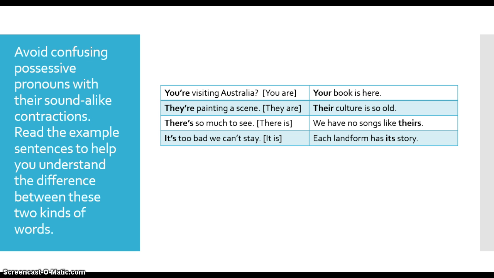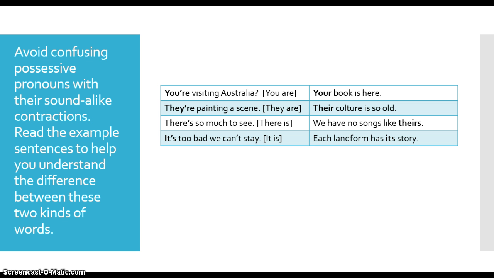Their is a possessive pronoun. It's referring to culture. Now let's move on to there's so much to see. There's, T-H-E-R-E apostrophe S, is a contraction for there is. It's not the same word as we have no songs like theirs, T-H-E-I-R-S. Even though they sound alike, they're not the same word and you can't use them interchangeably.